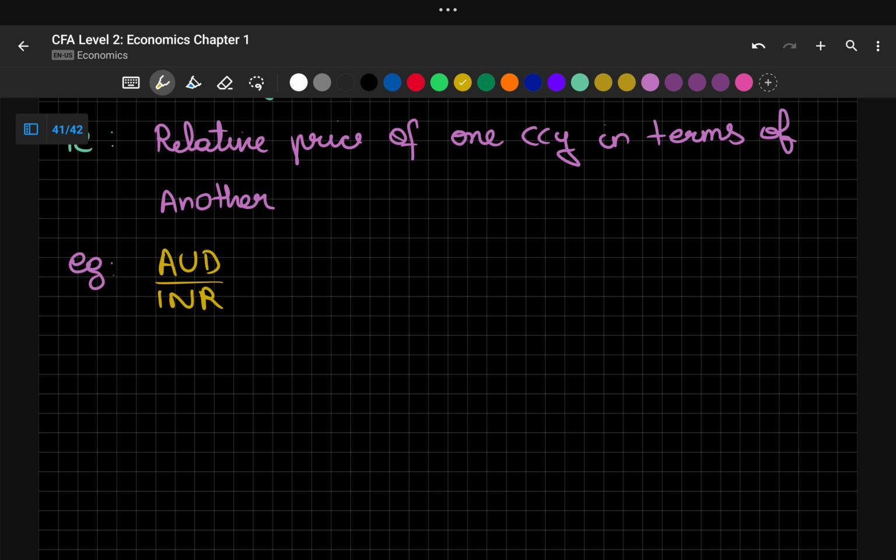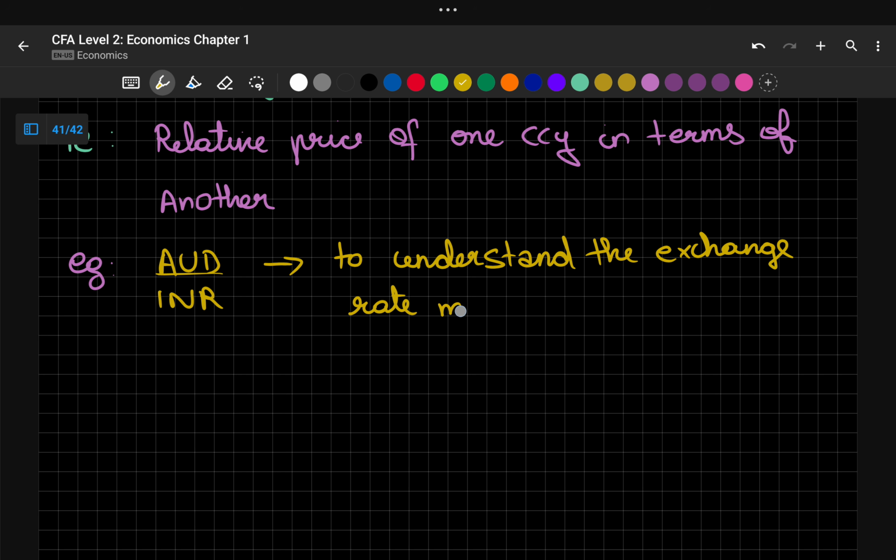To understand the direction of exchange rate movement, we should look at inflation factors.